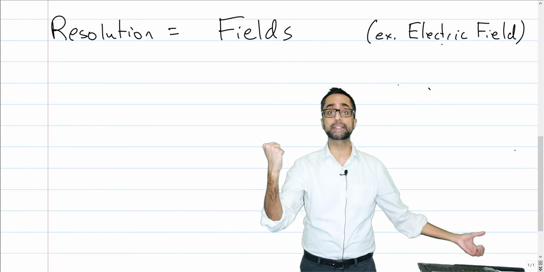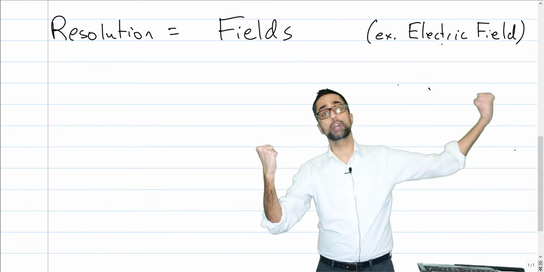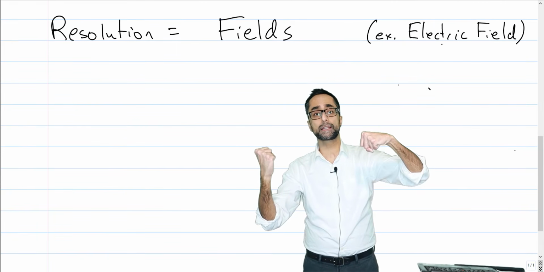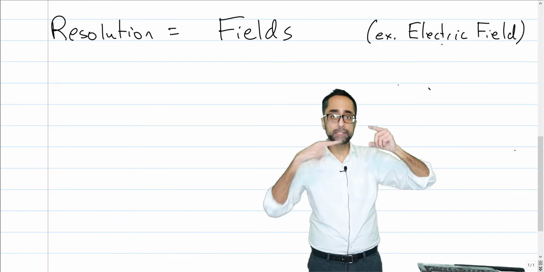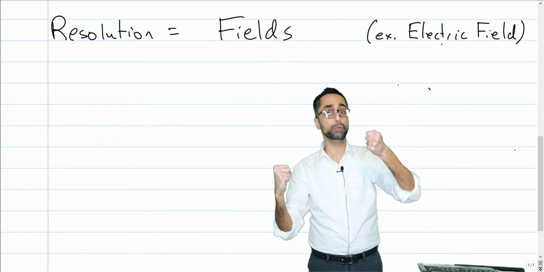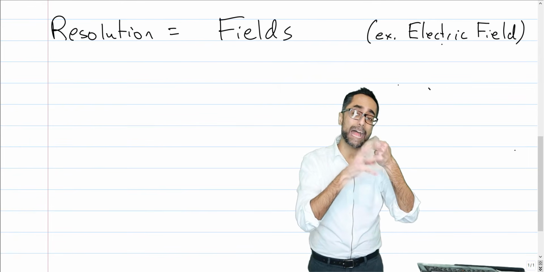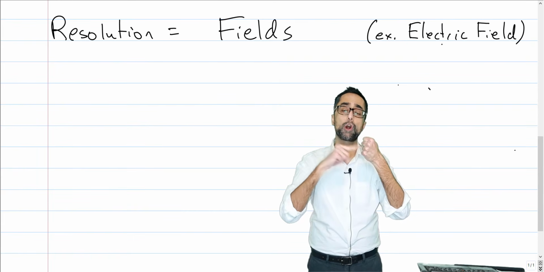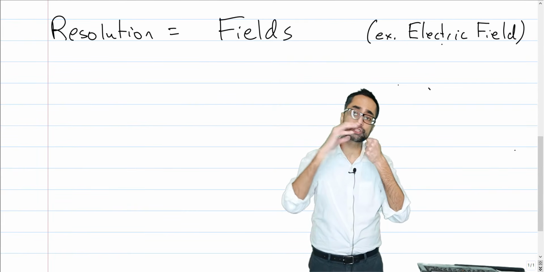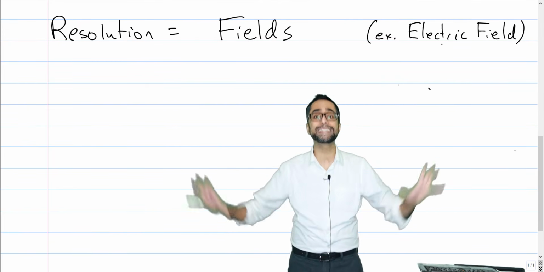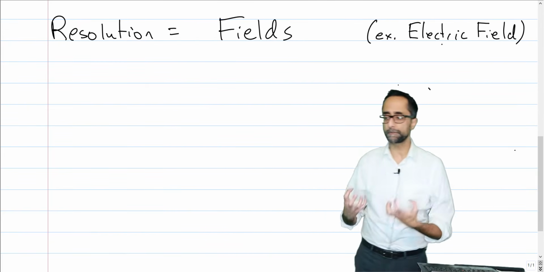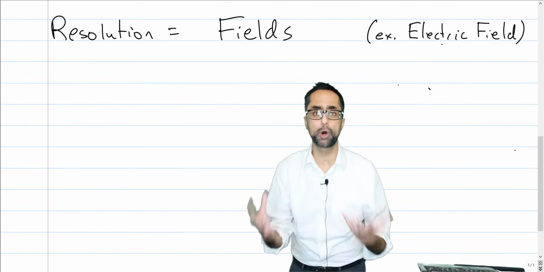Now what I'm doing is saying, okay, if I take a charge and I put it into the electric field, and in this space here, I know how strong the electric field is, and I put a charge there, I can calculate the force on this object. I know the direction and the magnitude of the force on this charge because it's in the electric field.